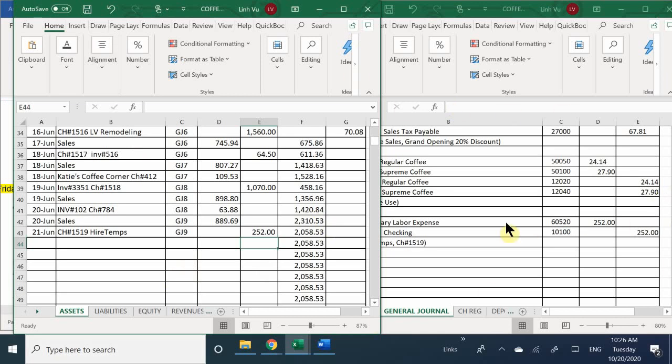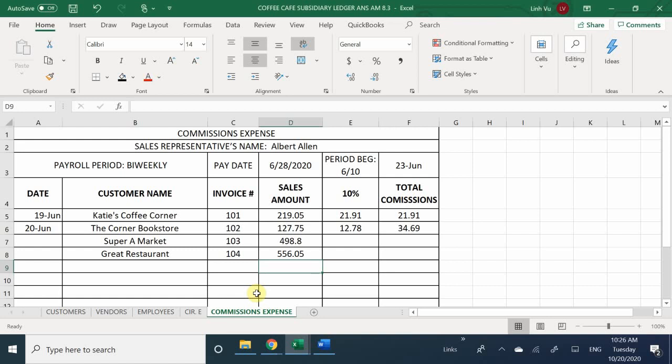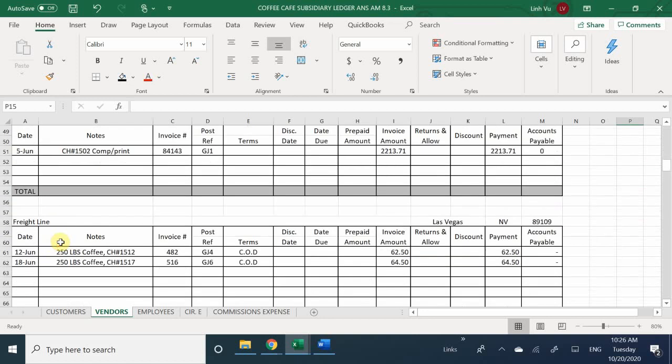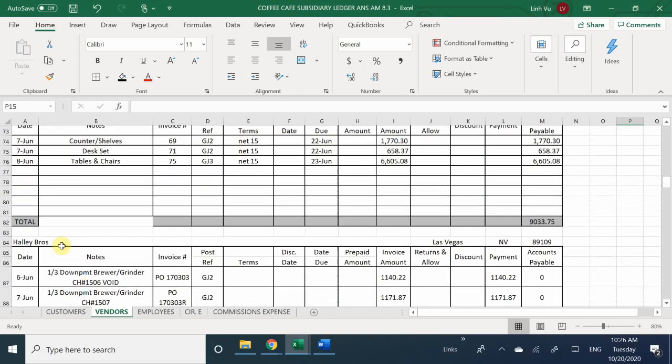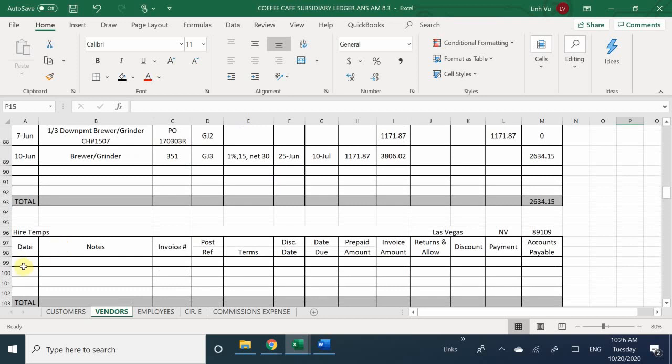Good. They are a vendor to us. So let's scroll down. We have Hire Temps right here. Date, the 21st.